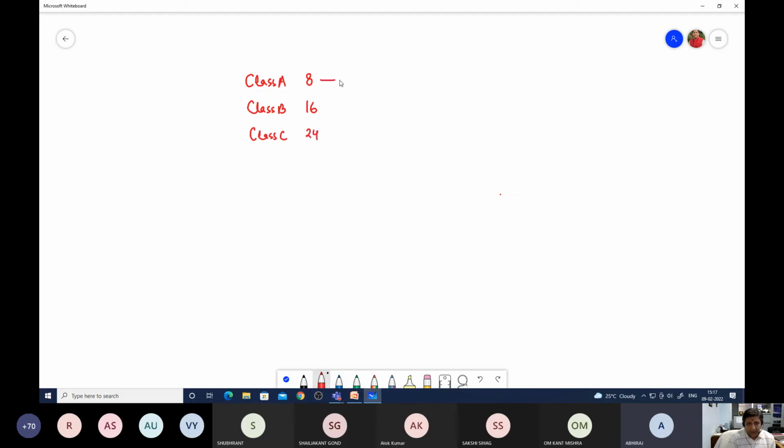So if we have a class A IP address, we can connect roughly 2 to the power 24 hosts to that network. If we have a class B network, we can connect 2 to the power 16 hosts to that network. And if we have class C, we can connect 2 to the power 8 hosts to that network.